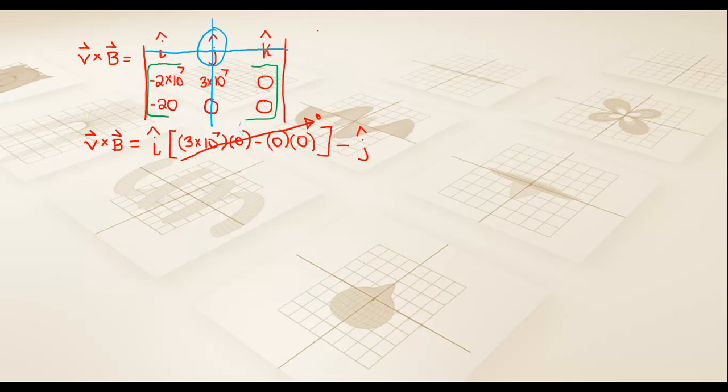So to calculate this, I'm going to go negative 2 times 10 to the 7 times 0, so go across that way. Let's put this in brackets. So this would be negative 2 times 10 to the 7. It's a 2 by 2 determinant, so if you just ignore this middle row here, times 0.